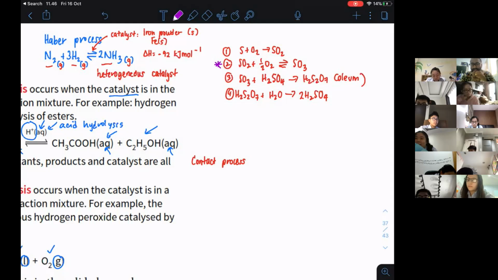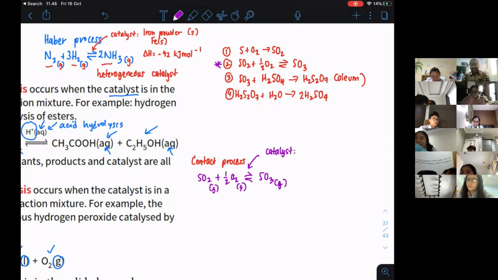Now this reaction requires a catalyst, so I just put down the equation over here. All of these are in gaseous form. Gas, gas, gas.